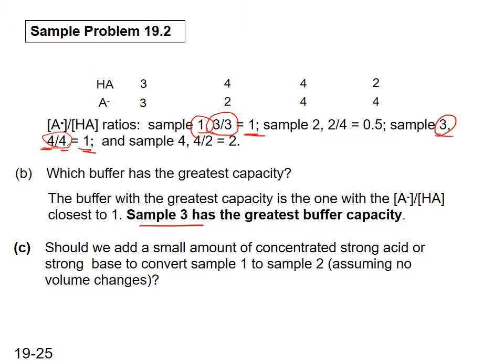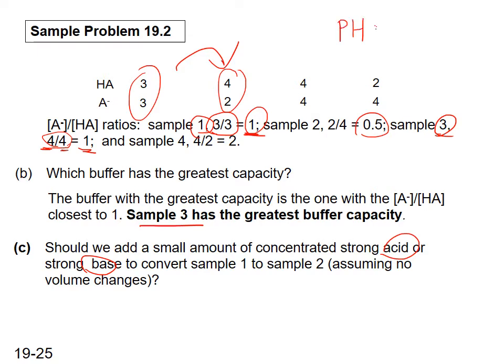Okay, the last question is, should we add a small amount of concentrated strong acid or strong base to convert sample 1 to sample 2? If we look at the ratio, sample 1 ratio is 1, sample 2 ratio is 0.5, and the pH is related to the ratio, base divided by acid.